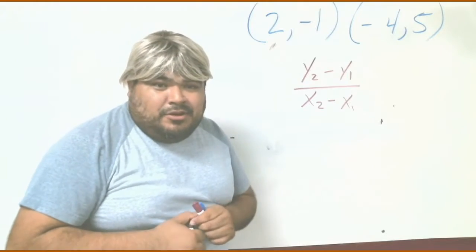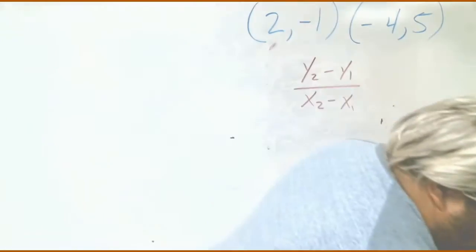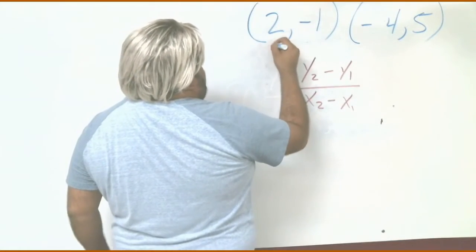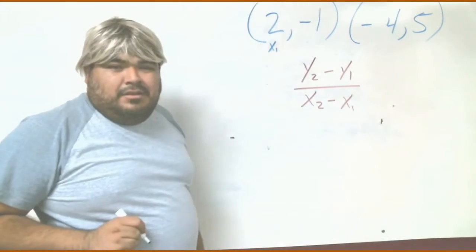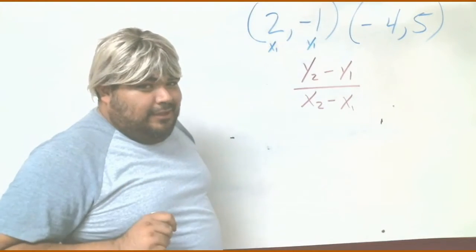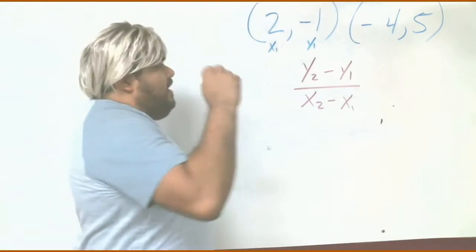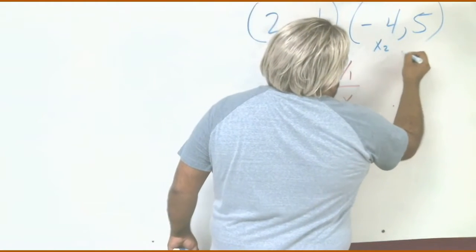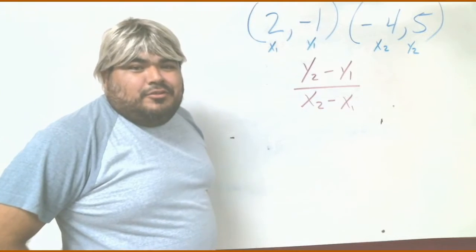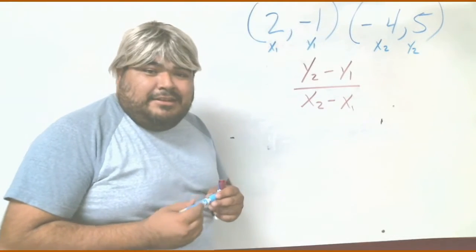It's okay, this marker doesn't work. So we can move on to the next marker. The first one is x1, then we have y1 on the first point. On the second point, we have x2, y2. Okay?